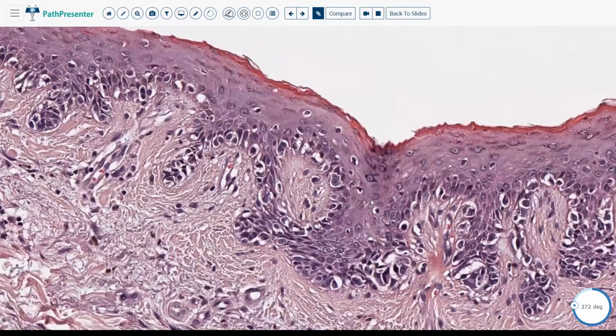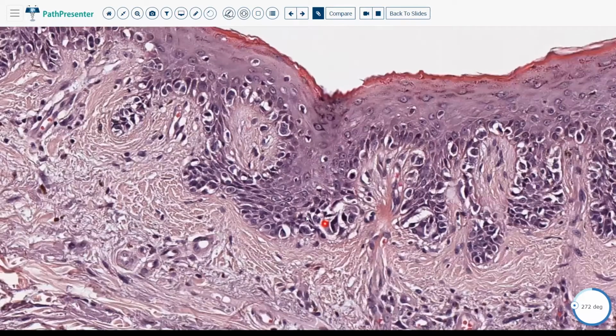But you can see, if I, let me just spotlight here, you can see here, they are trying to form nests and they can succeed. You can see there's a little nest here that has been formed.